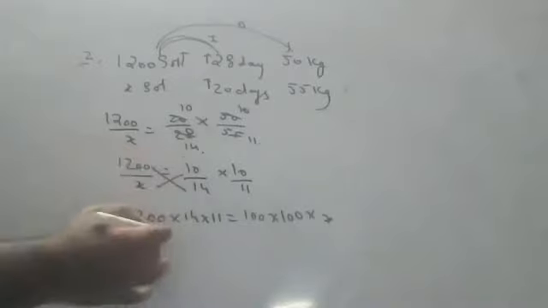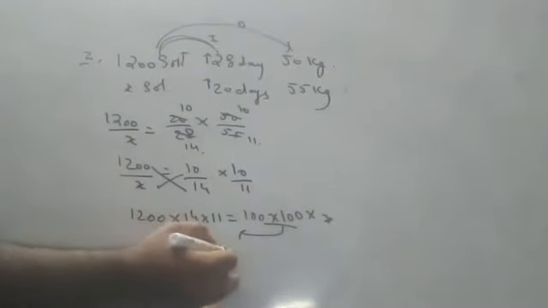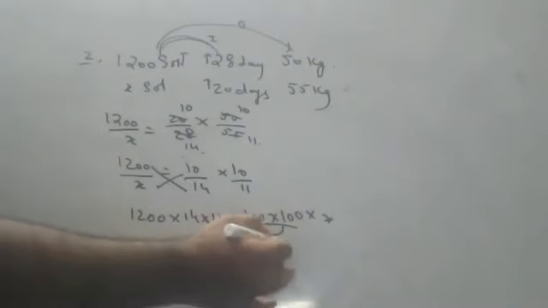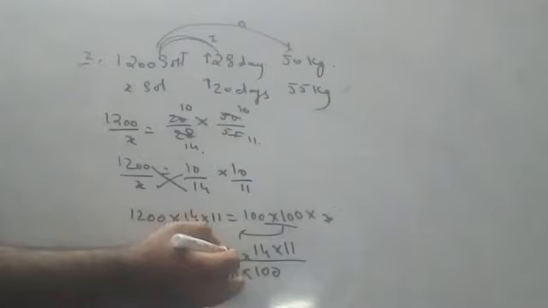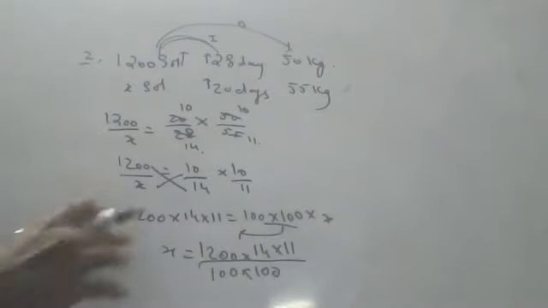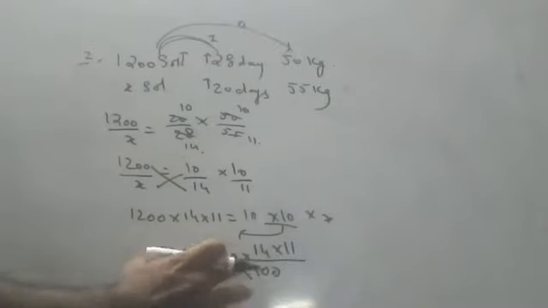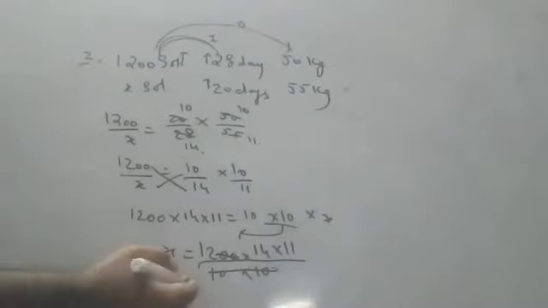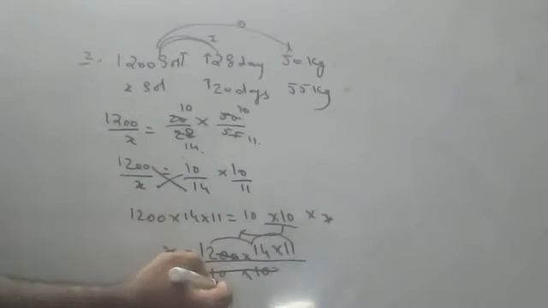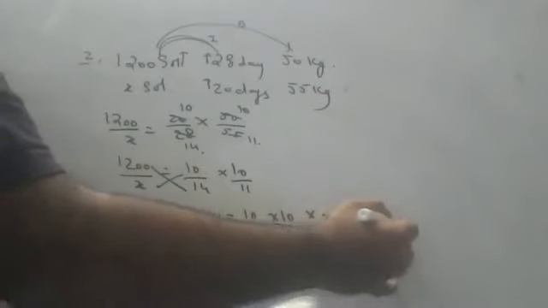So x is equal to 1200 into 14 into 11 by 10 into 10. The 100 and 100 will cancel, so 12 into 14 into 11.